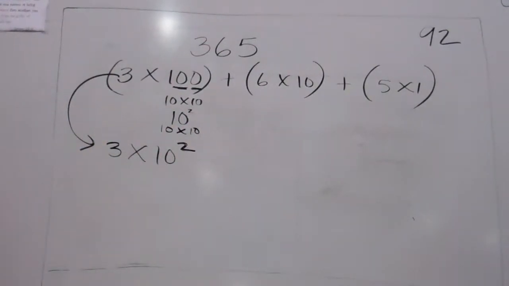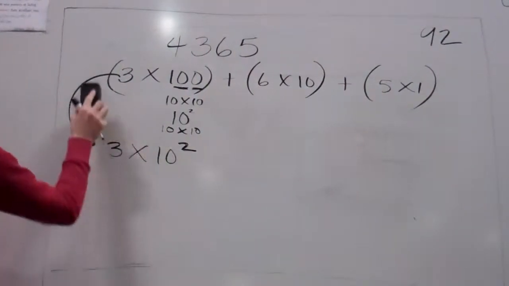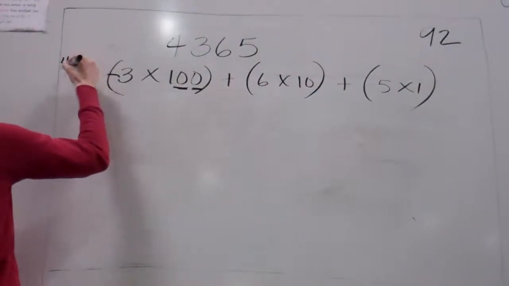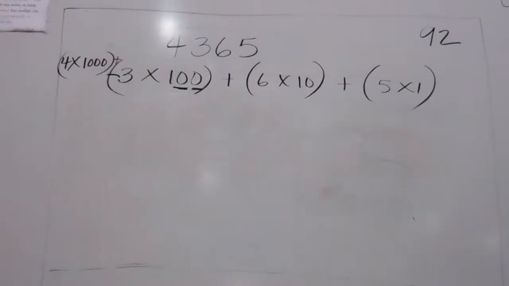Everybody's good. If you had like 4,365, I would take and go 4 times 1,000, right? Everybody gets that?